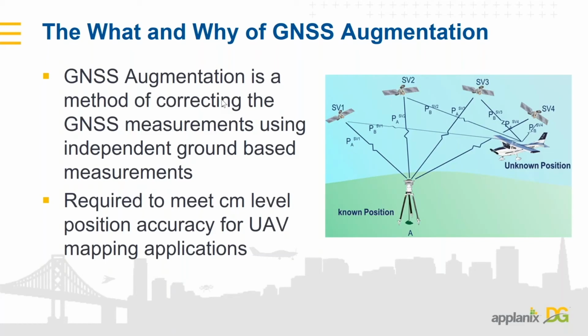GNSS augmentation is utilizing additional measurements, whether they be from independent ground-based measurements from a dedicated base station or corrections from certain modeling, to minimize and characterize the errors in the GNSS observations. This is going to be critical to get real-world positioning down to that centimeter level as talked about. And then we can apply our direct georeferencing from there and produce final products.